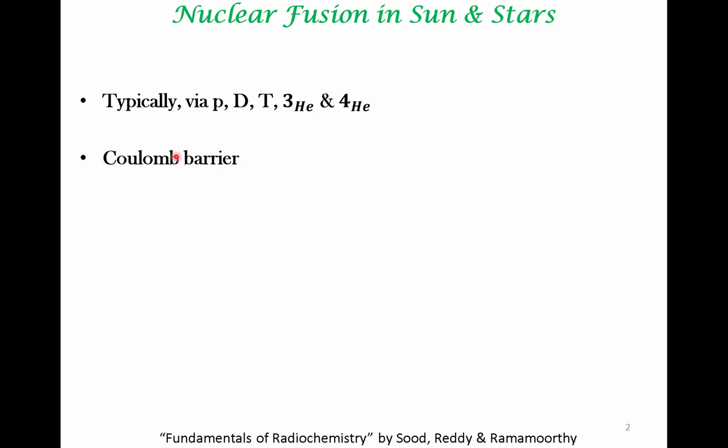When two nuclei have to come together to fuse, the main activation barrier against fusion is the Coulomb barrier, which is a strong electrostatic repulsion. The Coulomb barrier and the electrostatic repulsion increase with atomic number.